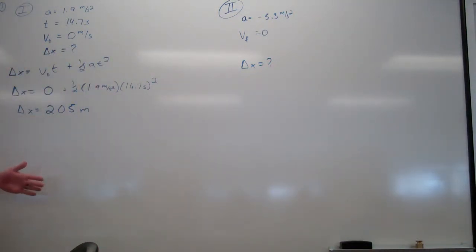Does that make sense? Is there any equation up there that only has 3 variables in it? We can't use that one. That one's only for no acceleration, remember? We're going to have original velocity in a second here. How can we find the original velocity for part 2?